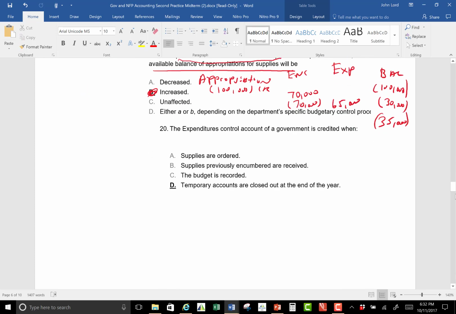Number 20, the expenditure control account of a government is credited when, now remember, I have my closing entries that I have to make of my revenues and expenditures at the end of the period. So I would debit my revenues to close those, credit my expenditures to close those, and then, assuming my revenues were more than my expenditures, I would credit the unassigned fund balance.